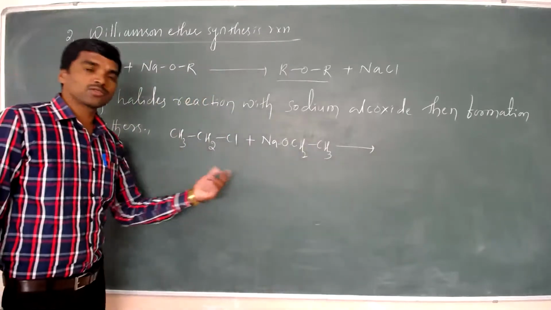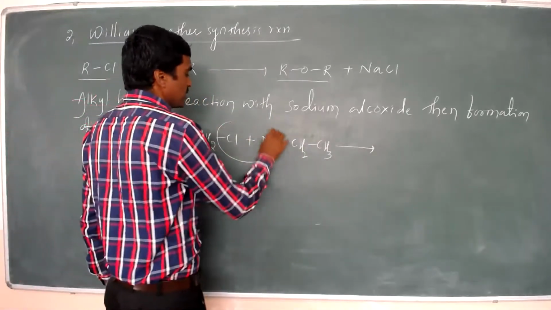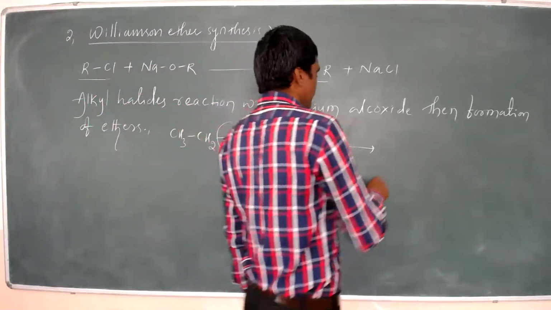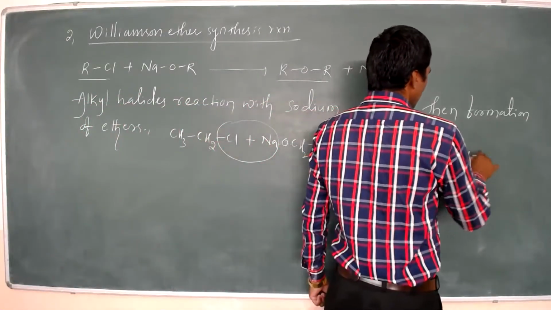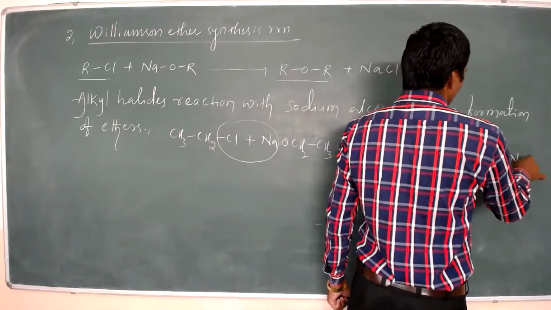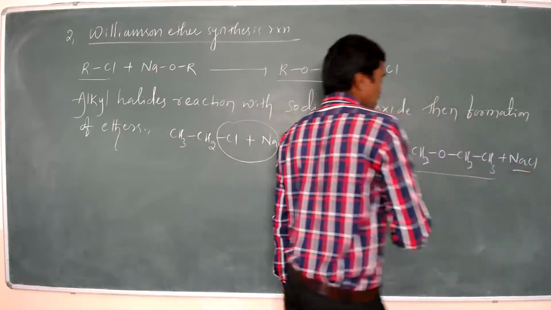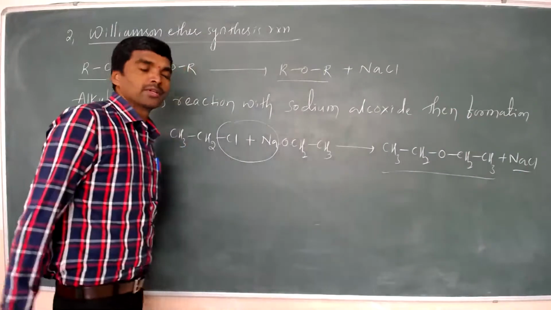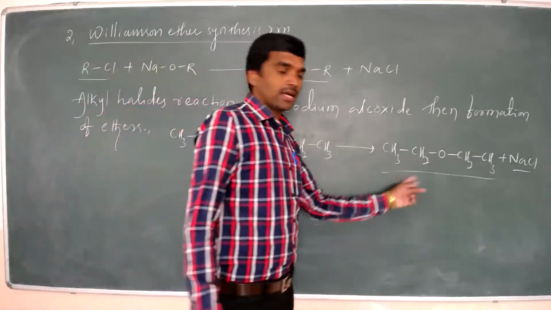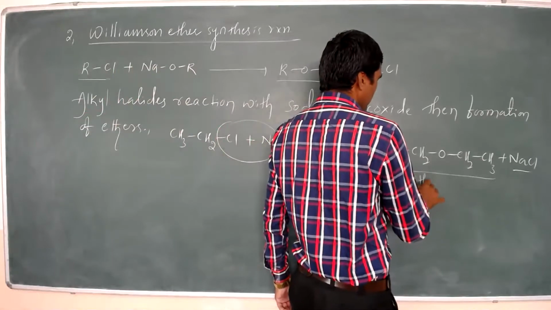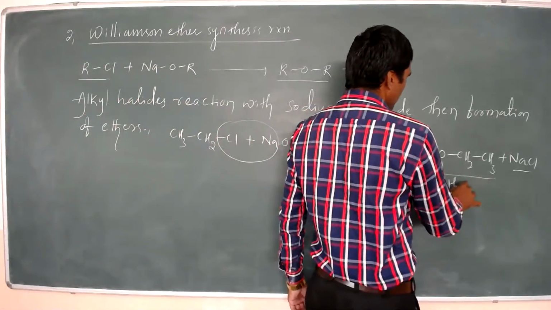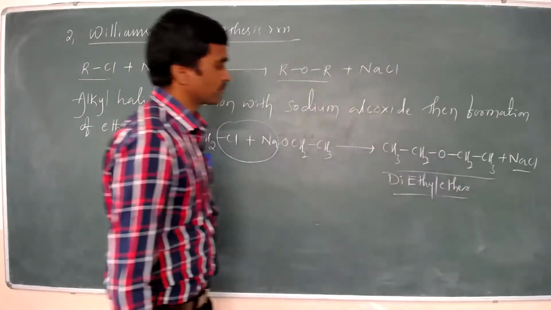You remove NaCl, then formation of CH3CH2OCH2CH3 plus NaCl. So what product is formed? Diethyl ether, or ethoxy ethane, will be formed.